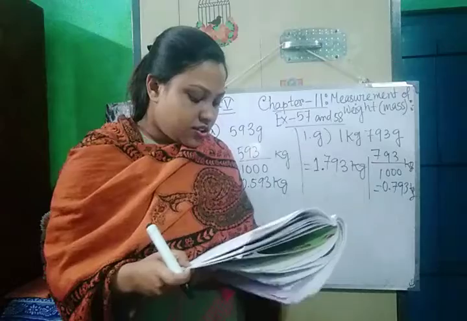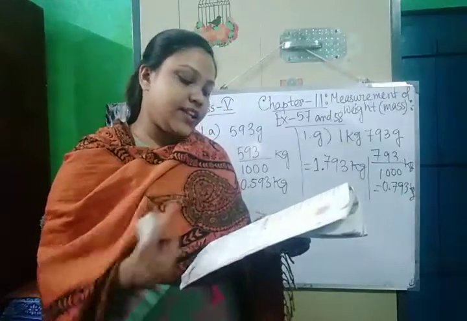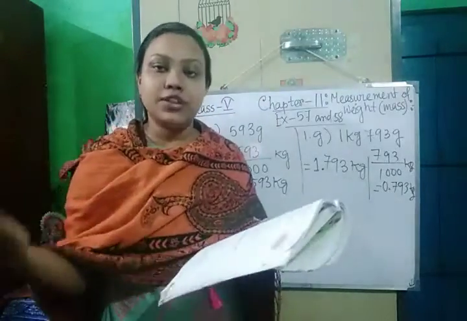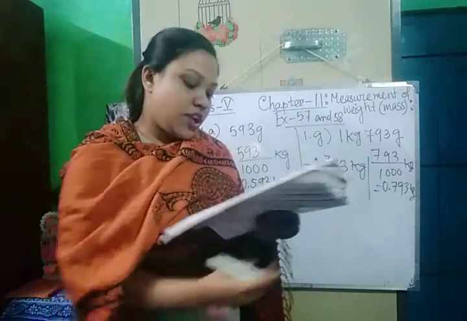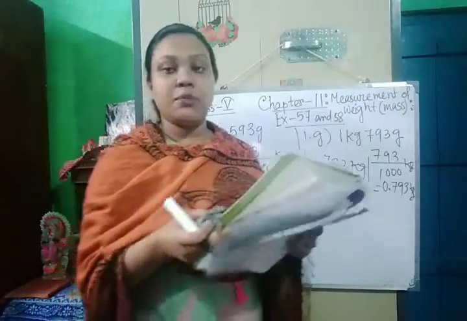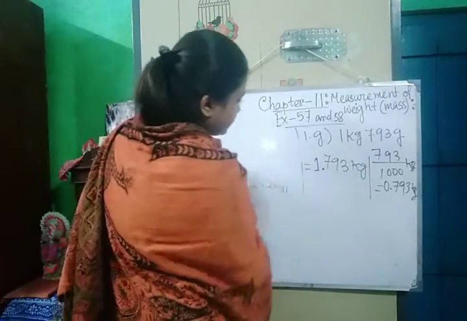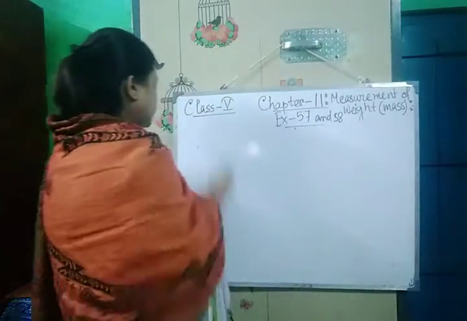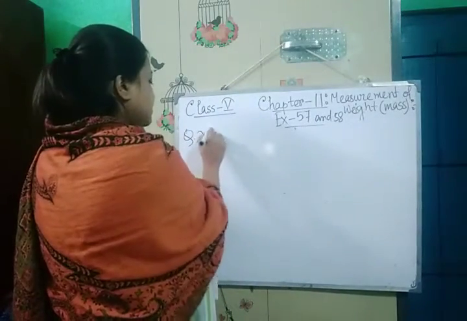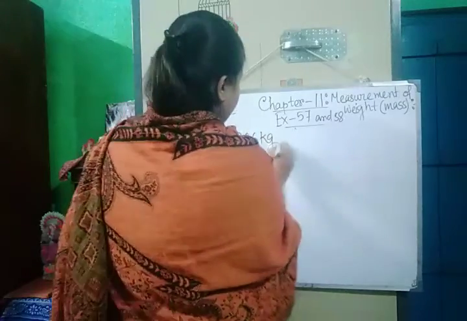Now we will do question number 2, that is convert into gram. Here again kg is given, we have to convert it to gram. In the previous one we converted gram to kg. So I am doing question number 2's B, 0.306 kg.